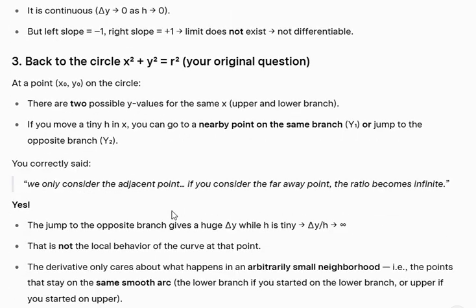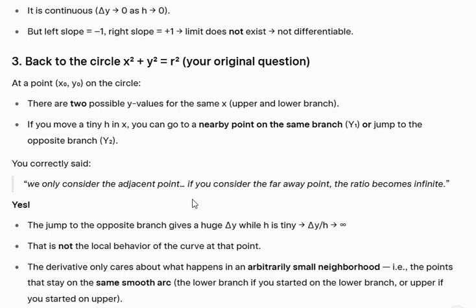But one question comes to our mind: if you take a circle, what happens in this state? For differentiability, you take a neighborhood of that point on the same branch. Suppose a circle is there, you choose a point x1 and y1. For a minute change in x1, you can get two values, maybe the upper branch and the lower branch.